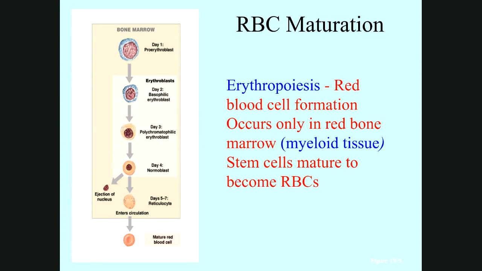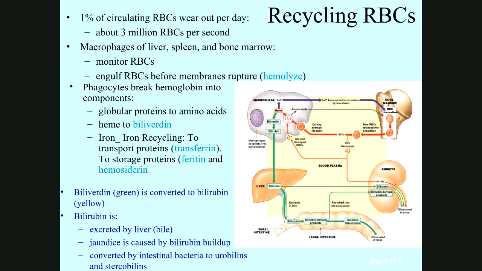To make a red cell, we need at least 7 days. About 1% of circulating red blood cells wear out per day. The average lifespan for red cells is about 120 days.